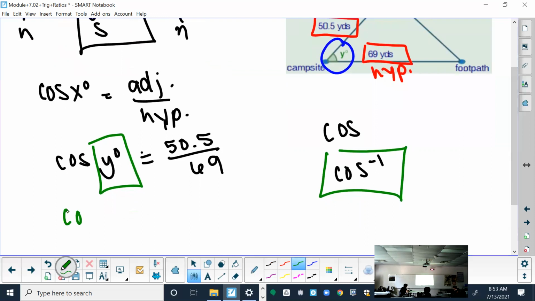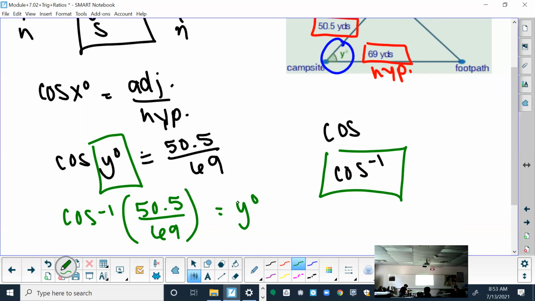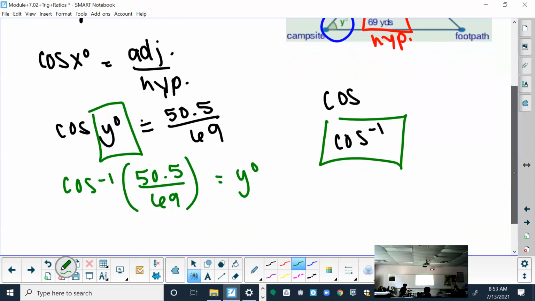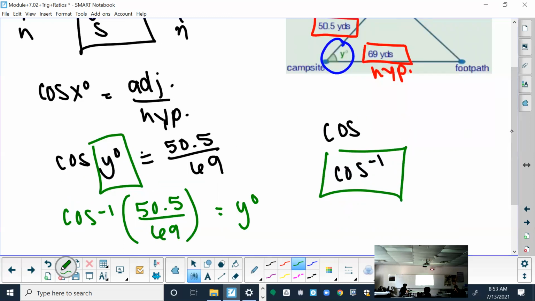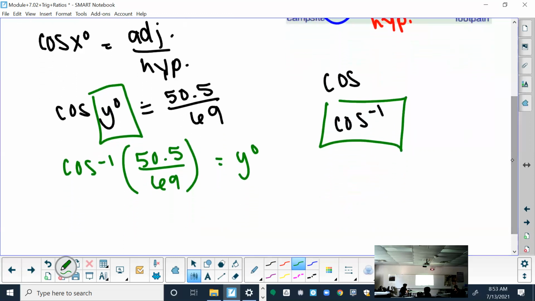So it's going to be cosine to the -1, and then in parentheses that fraction. That will give us the measurement of y. Questions about that? We use that one because we're looking for the angle measure.